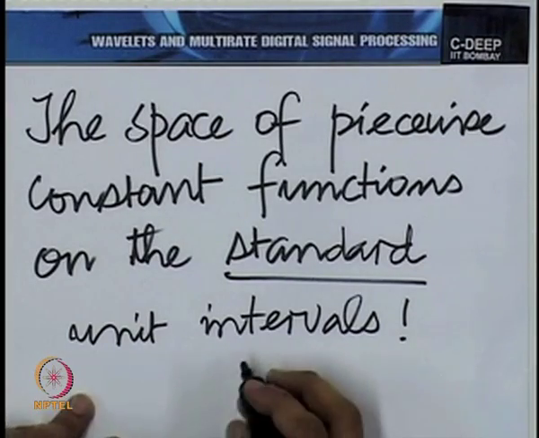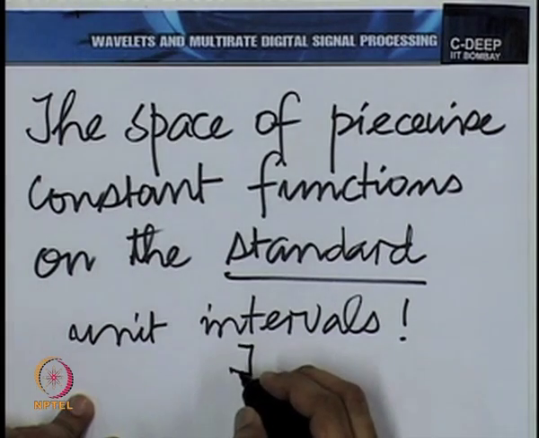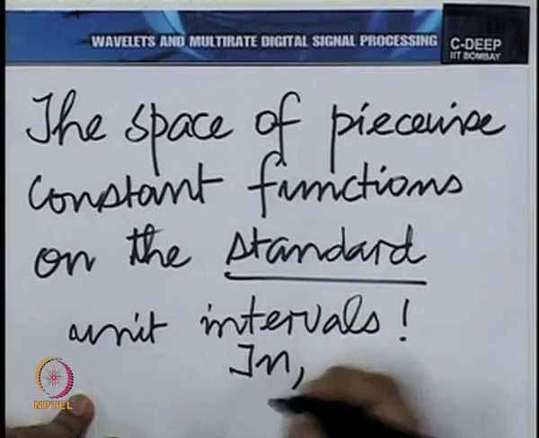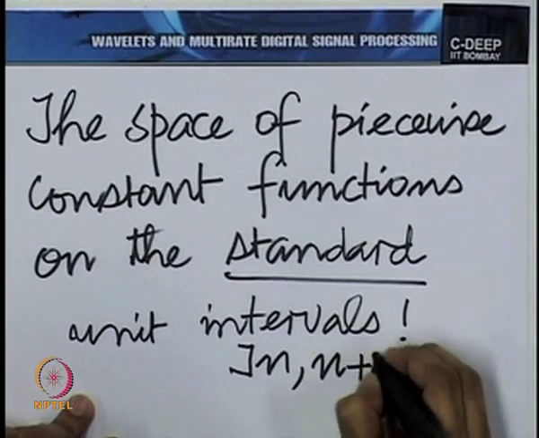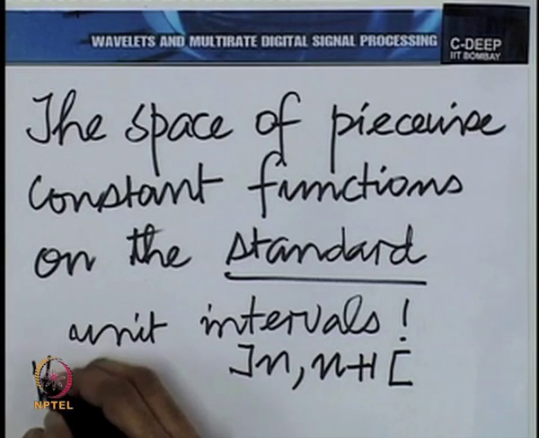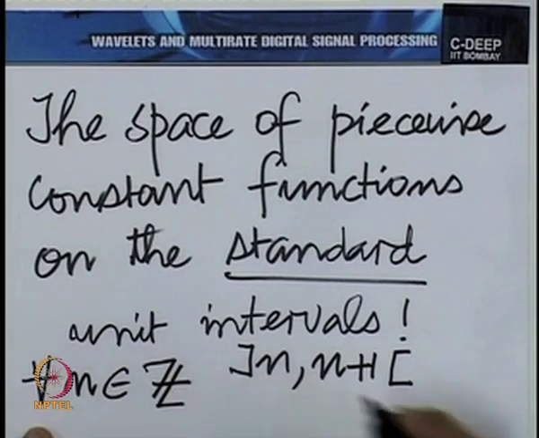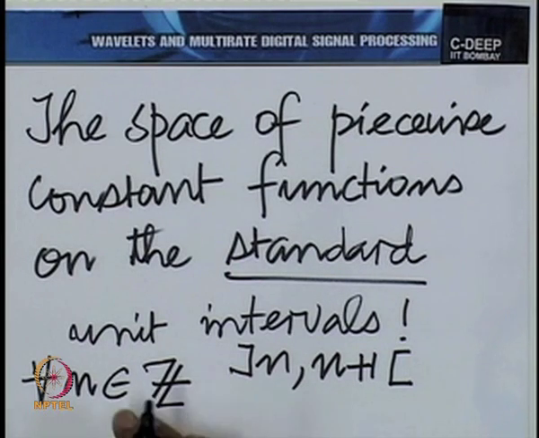What are these standard unit intervals? The standard unit intervals are the open intervals n to n plus 1 for all n over the set of integers. Now, I wish to slowly start using notation which is convenient.